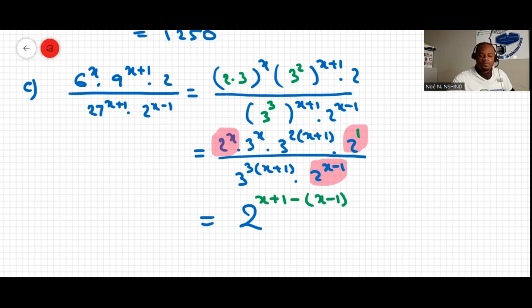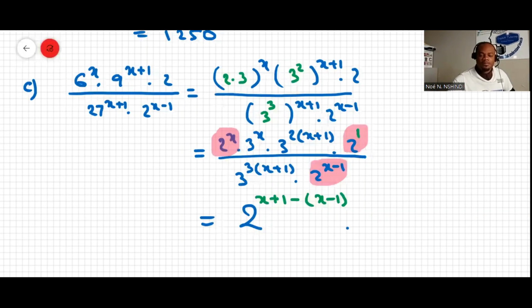Now, I'm going to do the base 3. The base 3 are here, here, and here. So I'll write 3 there, and then it's going to be x plus, because this is at the numerator, I'll say plus 2.